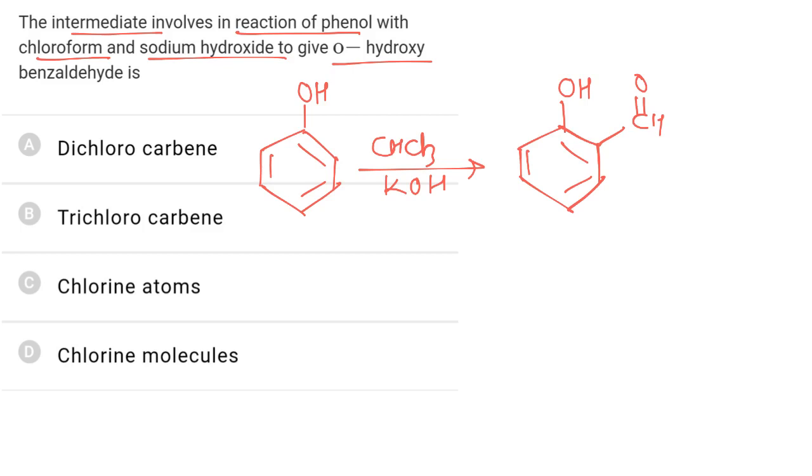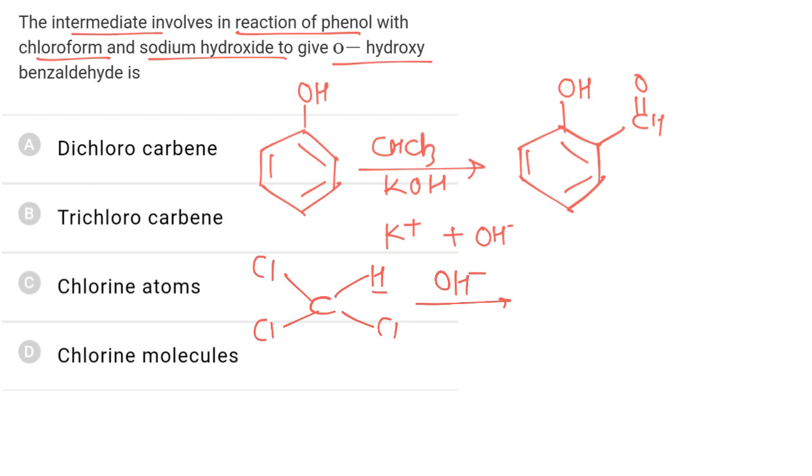First of all, KOH is a strong base, so KOH will give K+ and OH-. Now chloroform, CHCl3, has H and Cl. Now H and Cl can be easily removed. If OH- attacks chloroform, this hydrogen is acidic, so a water molecule is released and it will be converted to CCl3-.